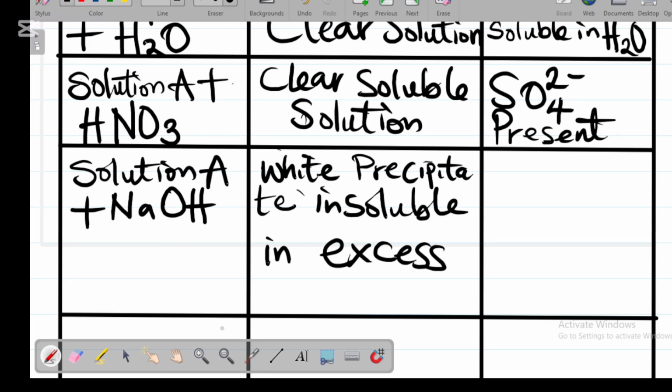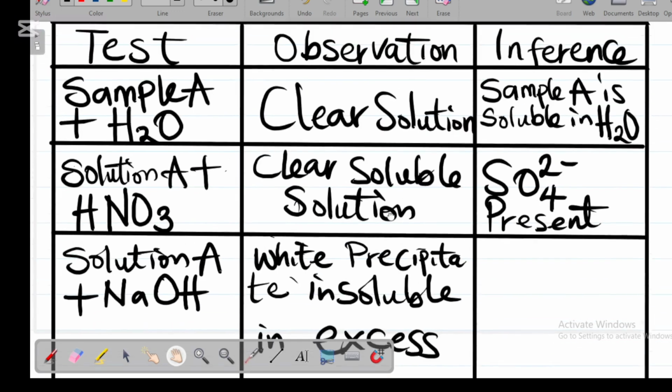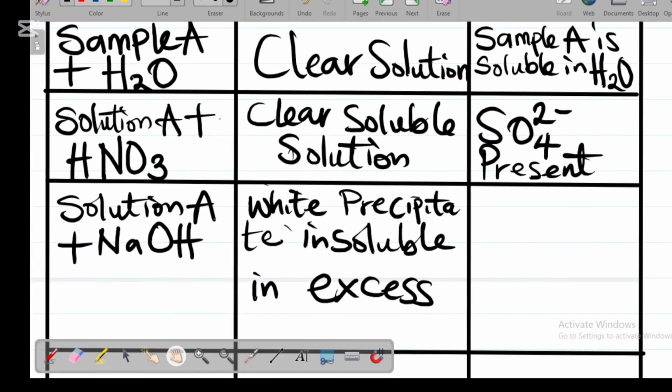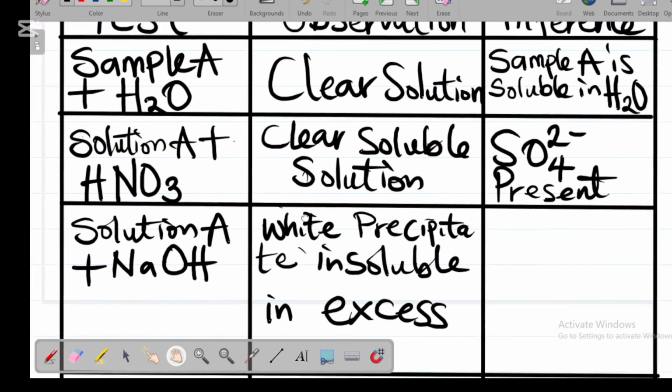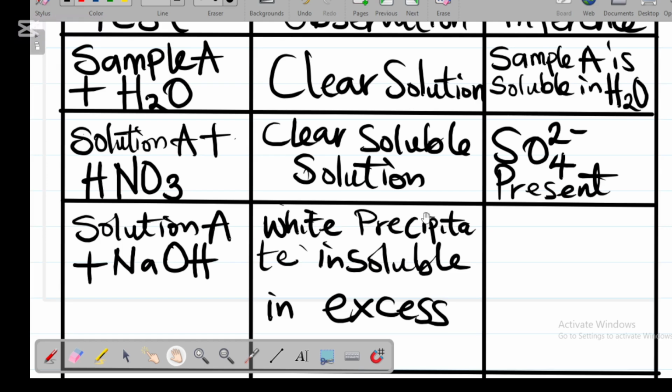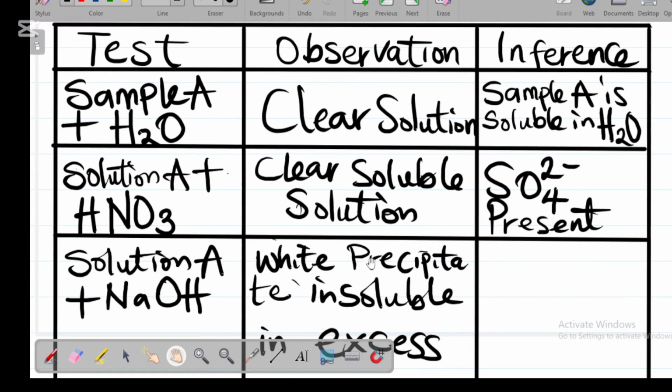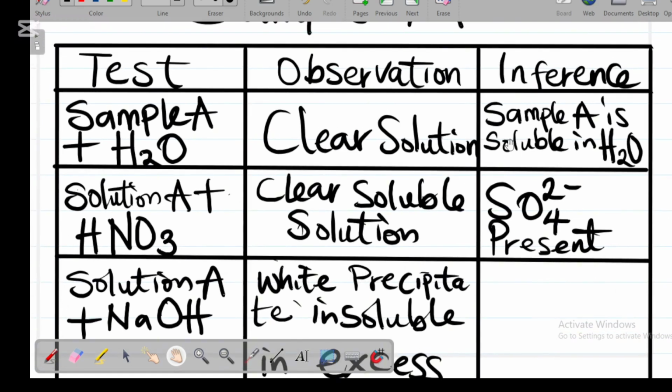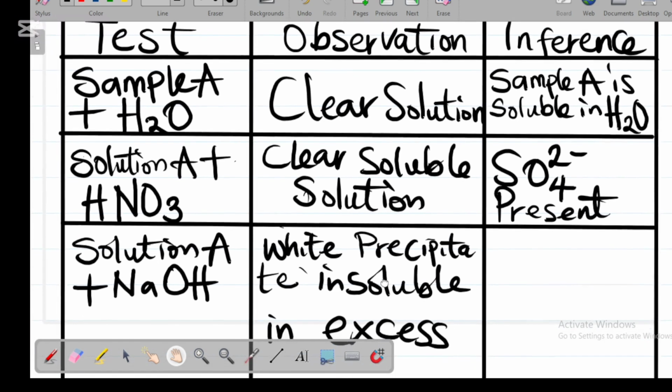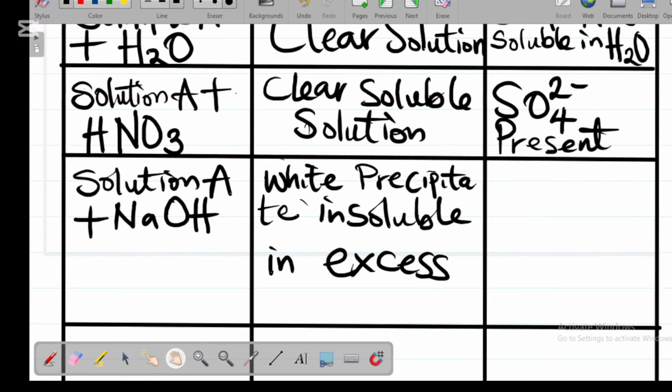And then, since you observe that solution A plus sodium hydroxide brings out white precipitate, insoluble in excess, that means the inference should be what? All right, so I'm going to write this down.